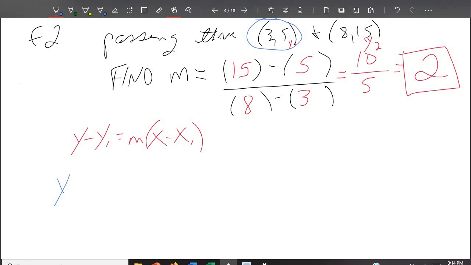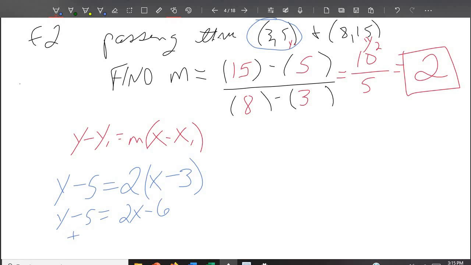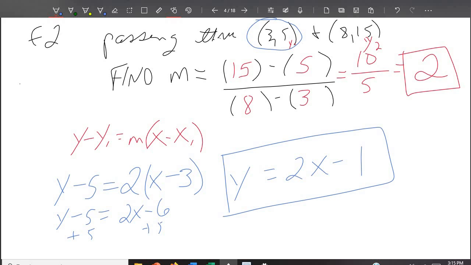So my formula now will be y minus the 5, because 5 is y1. My slope is 2. And it's x minus the x1, which is 3. Do the distributive property. Move the 5 over, and we'll get y equals 2x minus 1. That's my equation of my line.